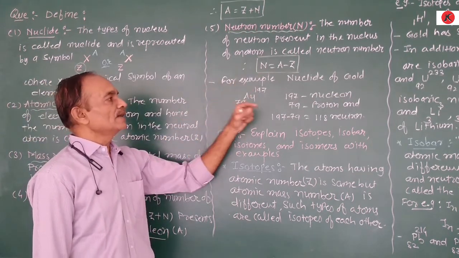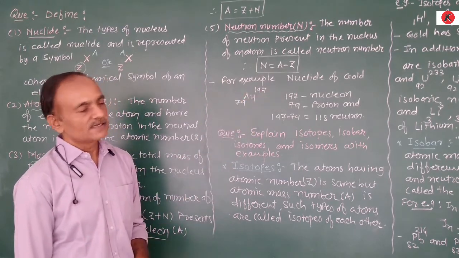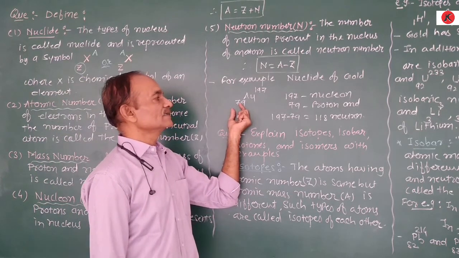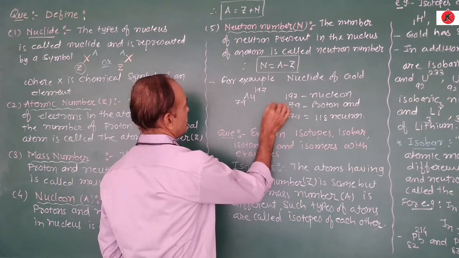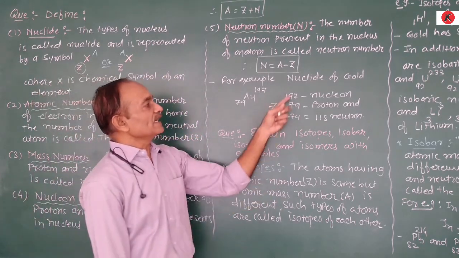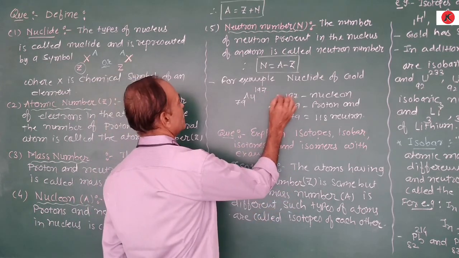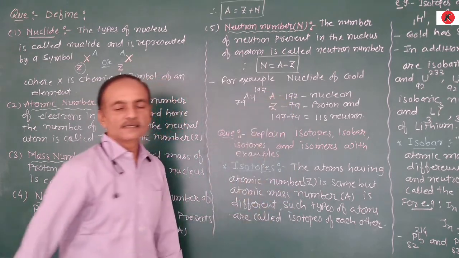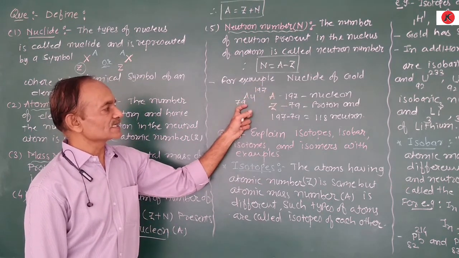For example, the nucleus of gold, Au 79, 197. 79 is the number of protons, that means our Z. 197 is the total number of nucleons, that is our A. And the number of neutrons is 197 minus 79.